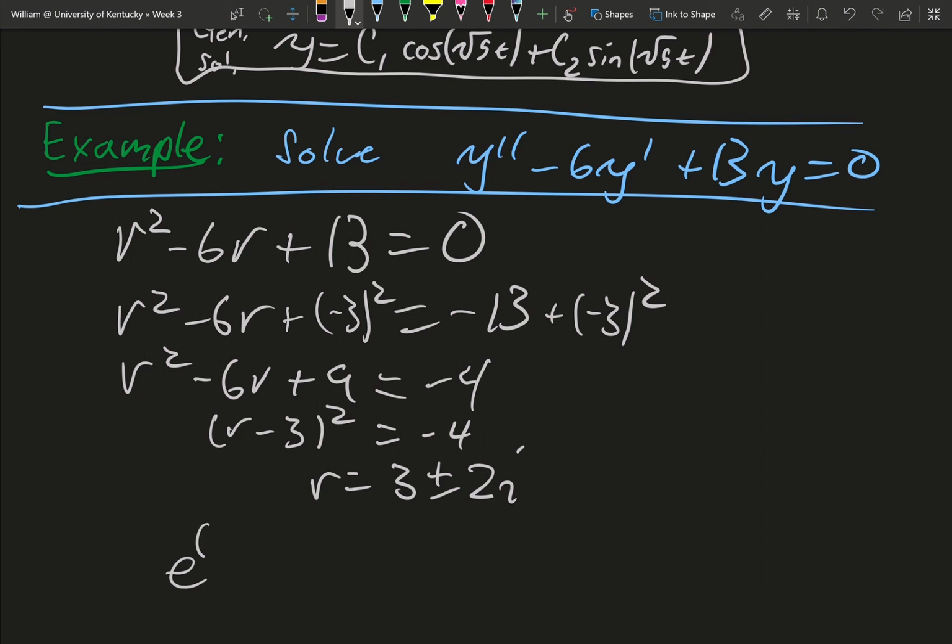So sort of, naively again, we have 3 plus 2i times t. And let's use the rule here. So we can split that up. First we'll distribute. And then remember, if we're adding in the exponent, we can rewrite that as a multiplication.